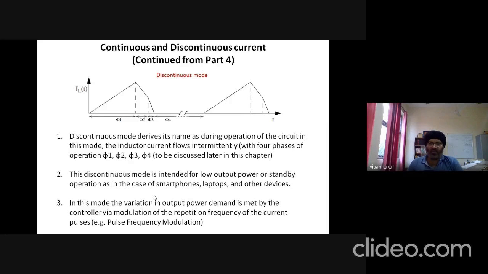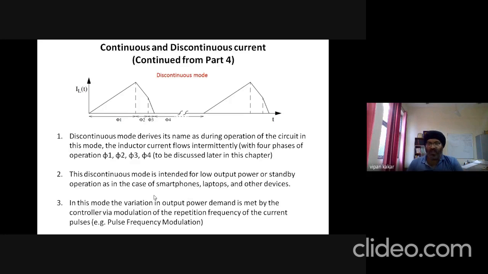We'll see that. Now in discontinuous mode, as we know, the current goes to 0 for some part of the time period. So if current goes to 0 for some time period, it can save power, it can save losses. Because if current is 0, power is 0, power loss is 0.